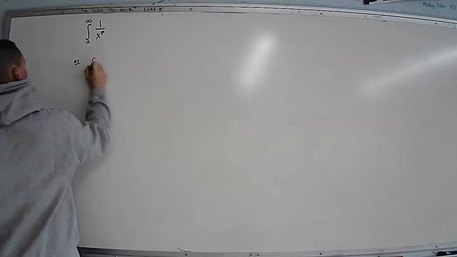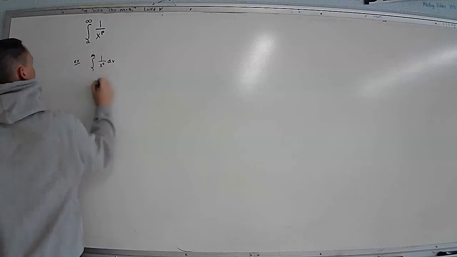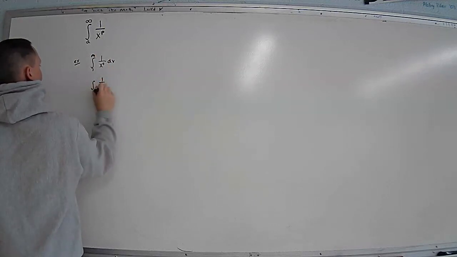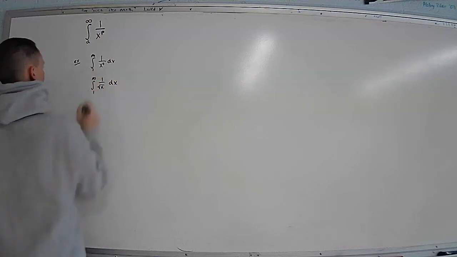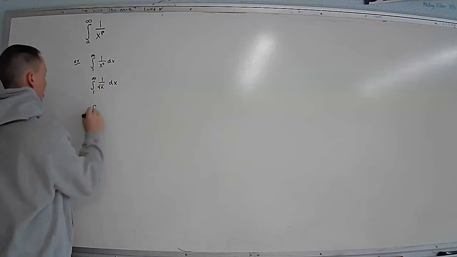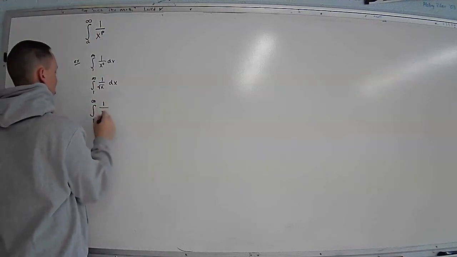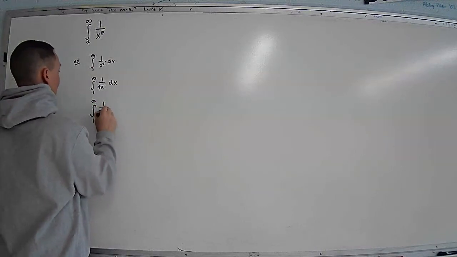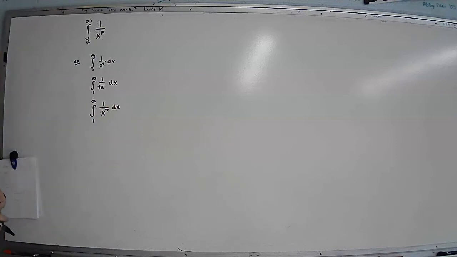Let me run through some examples. 1 over x squared. 1 over radical x, because the power here for x would be 1/2, right? 1 over x to the pi. The power would be pi there, right?